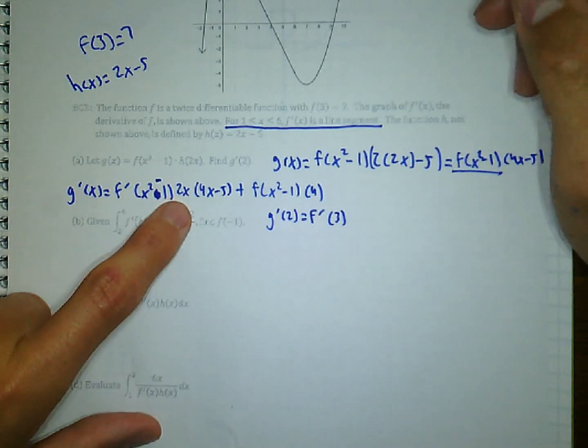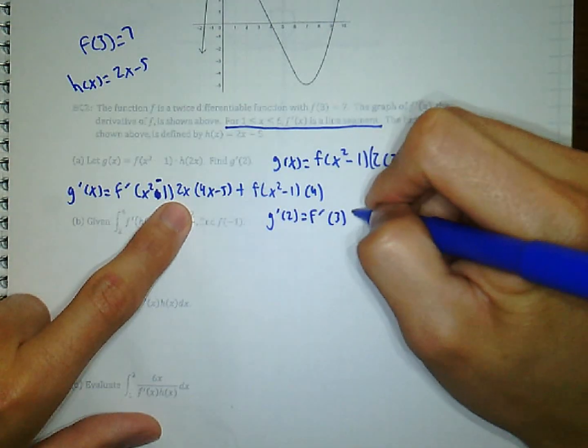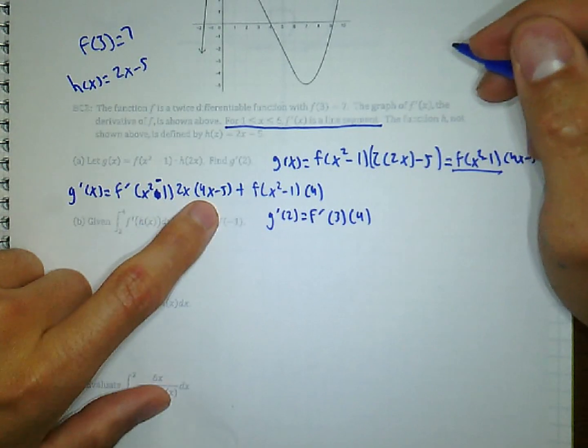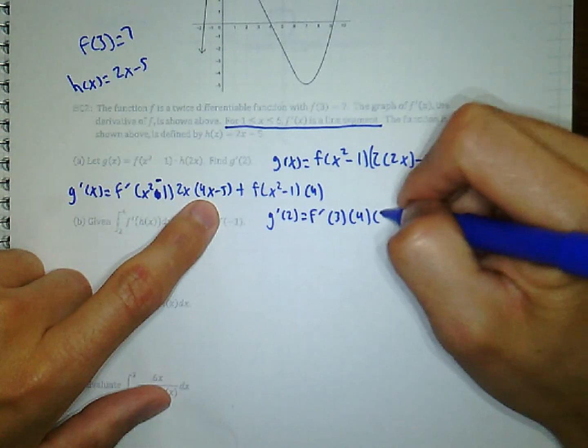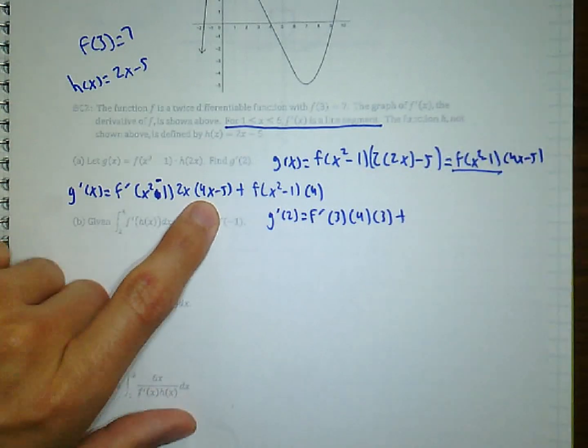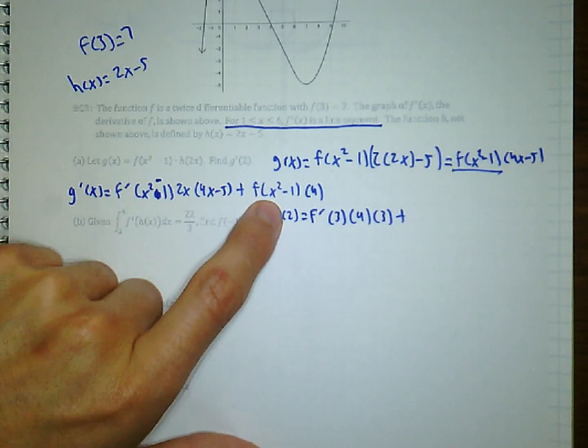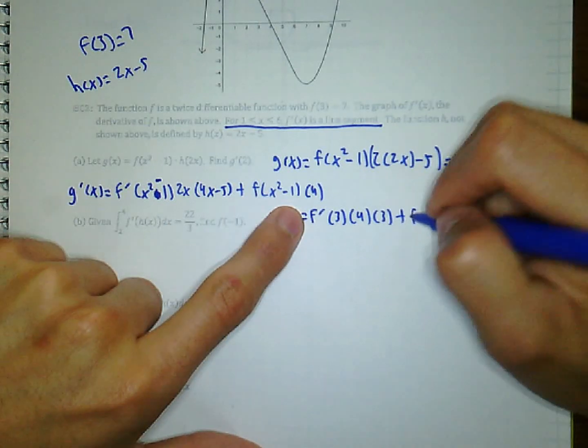And then 2 times 2 is 4, so times 4. And if I'm plugging in 2 in here, 4 times 2 is 8, minus 5 is 3. Plus, we plug in 2 right here, that's 3, that gives us f of 3.